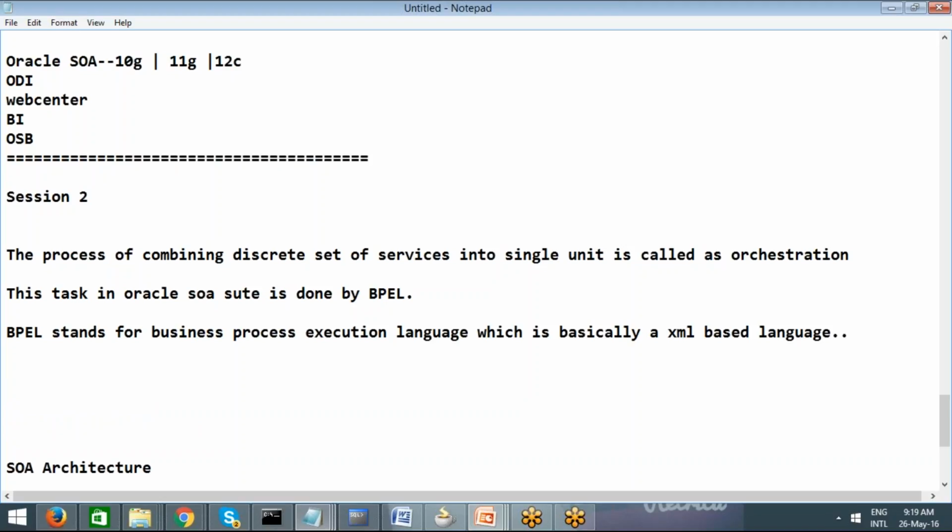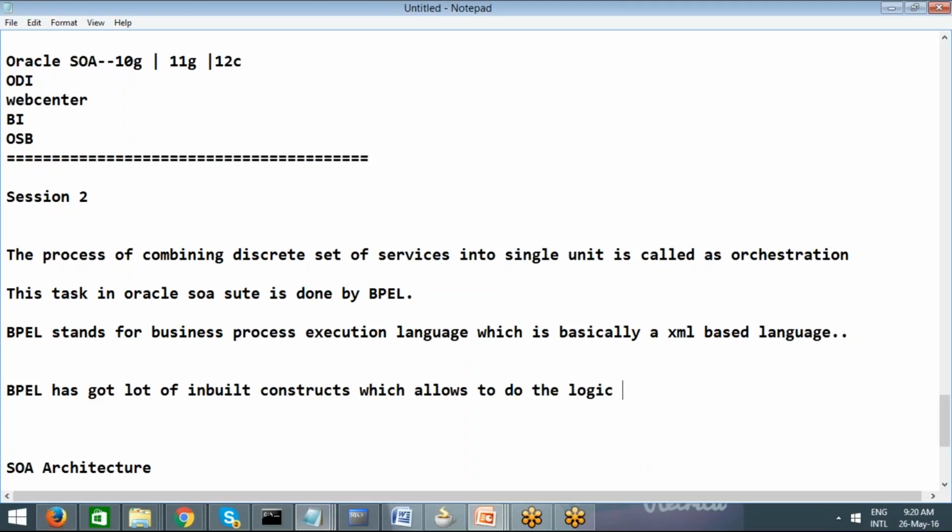When you see the code of BPEL, it would be as good as XML. We have some XML tags which we use to write BPEL. BPEL has a lot of inbuilt constructs which allow us to do the logic building.